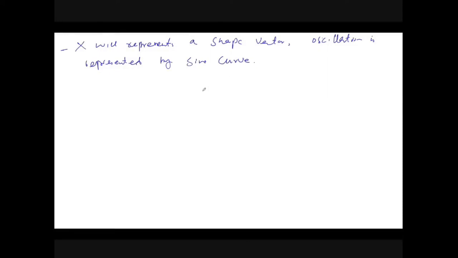So how many oscillations it covers in a given time is basically representing the frequency of that multi-degree of freedom system with that particular shape vector.